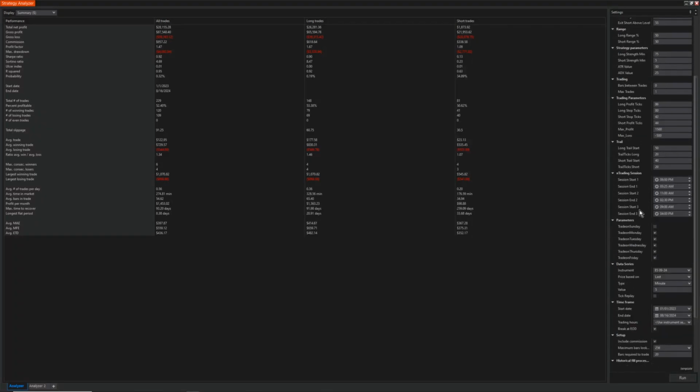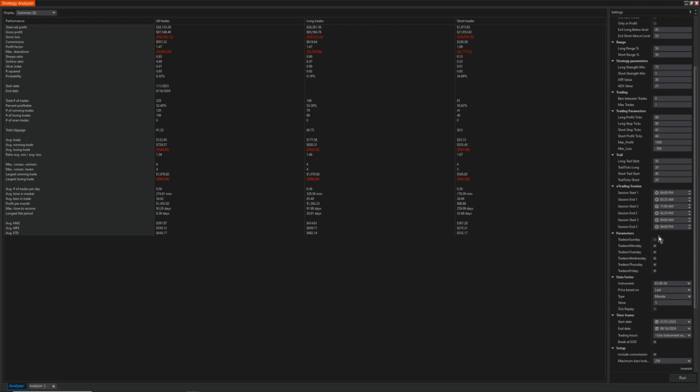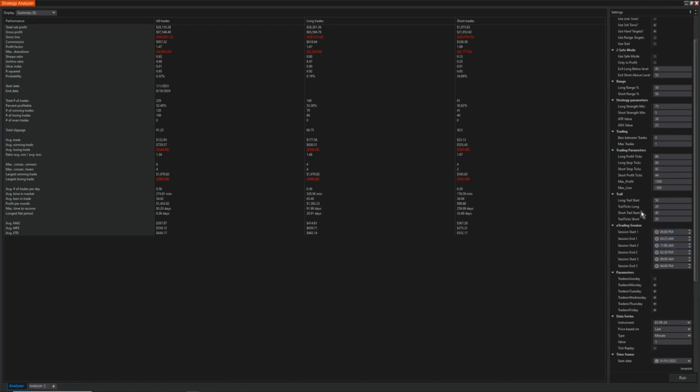But anyways, so some things that I've added to my stuff is I have the ability to trail the profit. I have the ability to pick the day of the week. And you guys can go get this. My skeleton that I put in the free strategies has everything that you see on my screen right here.